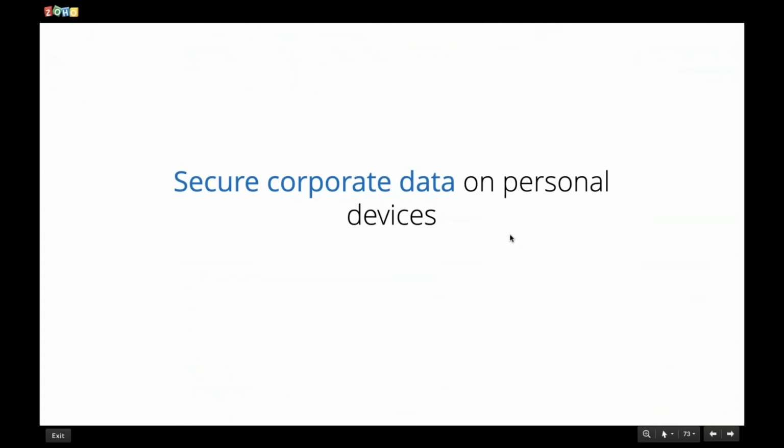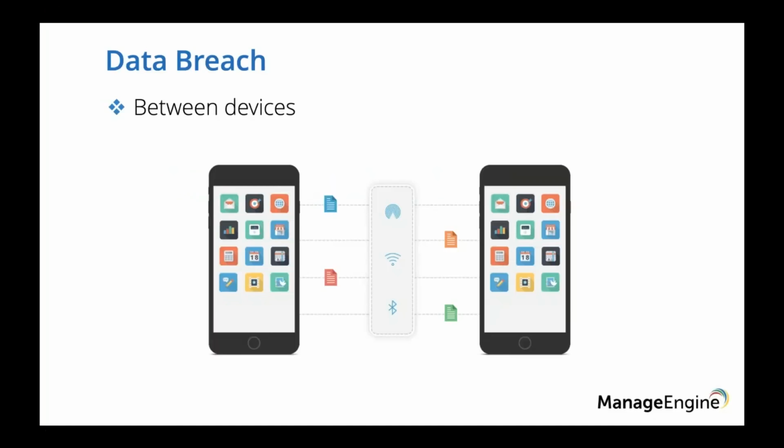So now it's time to move to the next segment of the session today: how to secure corporate data on personal devices. To do that, first let us see how the different kinds of data breaches usually occur in an organization.